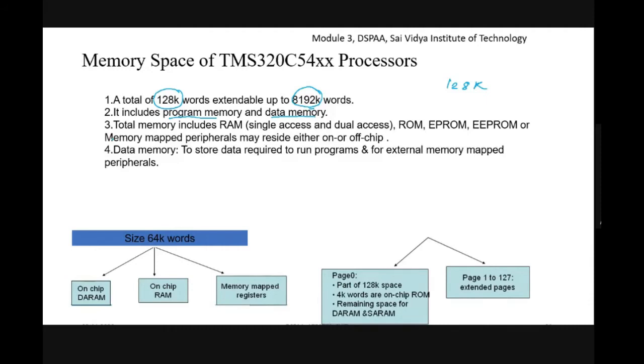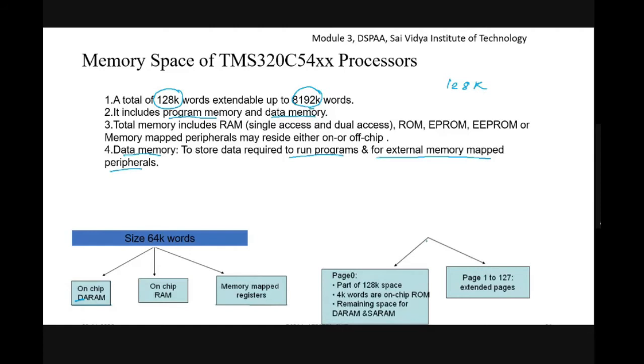We have a data memory to store the data required to run the programs. For external memory mapped peripherals, we have the space called data memory space. In the simple example chosen here, the size of each one is 64 kilowords: on-chip dual access RAM, DARAM, which stands for dual access random access memory, or memory mapped registers.